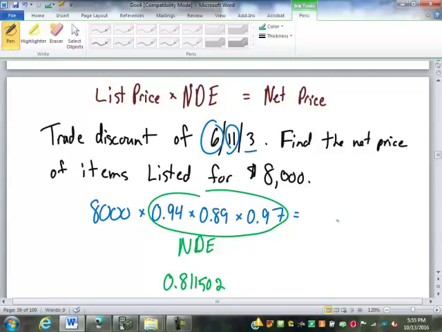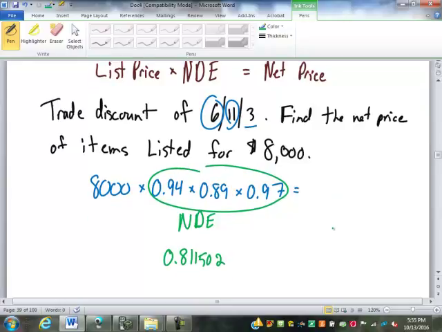I haven't been, have I? I've been keeping it out right now 6 decimal places or more. Shouldn't go past 6 decimal places because I'll never give any problems to have more than 3 discounts back to back. But you do not round that net decimal equivalent unless you're told to do so, and that'll almost never happen. So basically, you don't round that number.